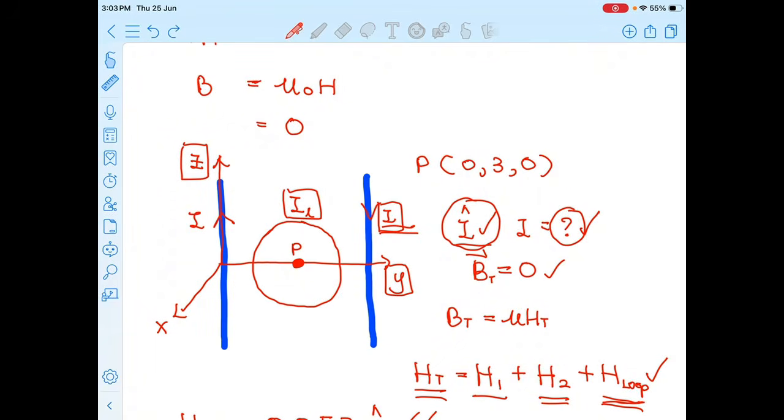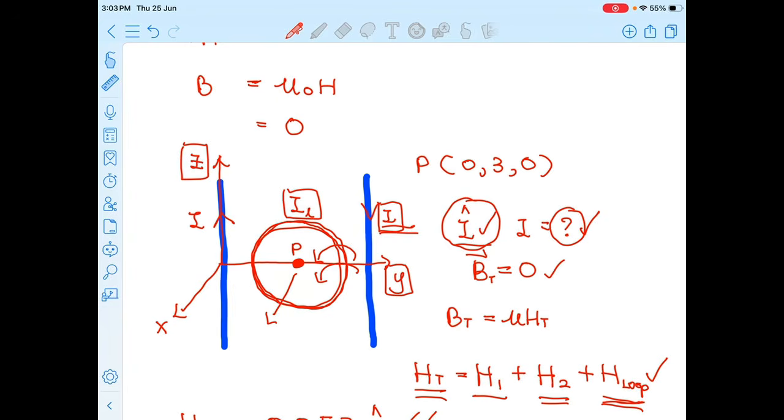Your four fingers will represent the direction turning the loop, in order to make the magnetic field go out in the X direction, and your thumb points in these directions.